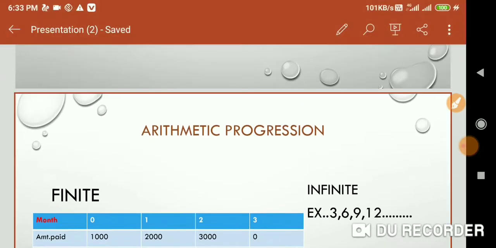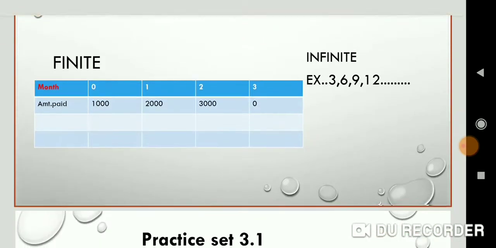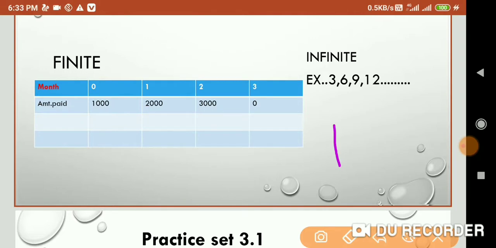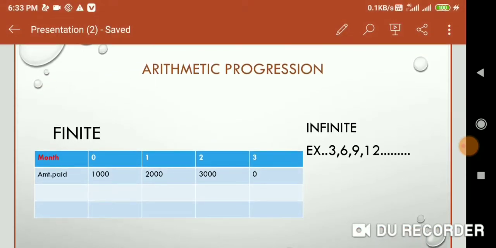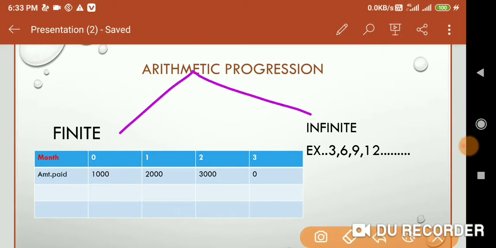Now see the types of an AP. Arithmetic progression is of two types. The first type is finite AP, and the second type is infinite AP. Okay, see student, the first example. There two columns are given. In the first column months are mentioned, and in the second column how many rupees are paid is mentioned.